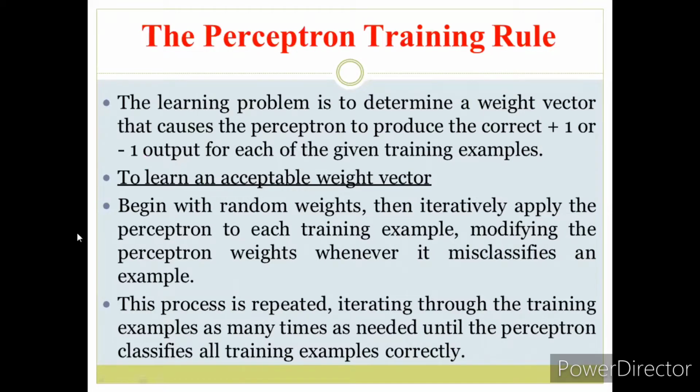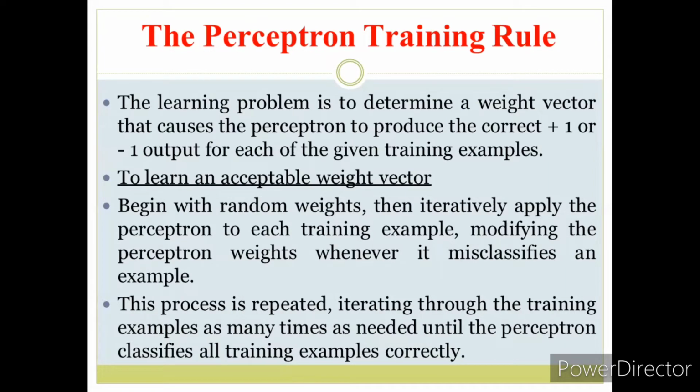To learn an acceptable weight vector, we have to start with random weights. That is, begin with a random weight, then iteratively apply the perceptron to each training example and modify the perceptron weight whenever it misclassifies an example.